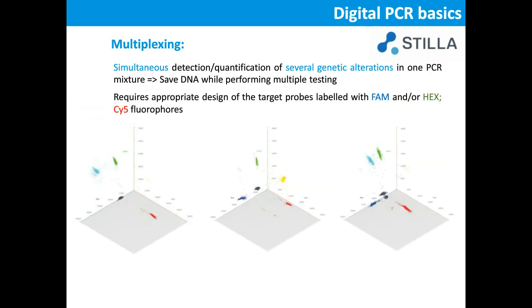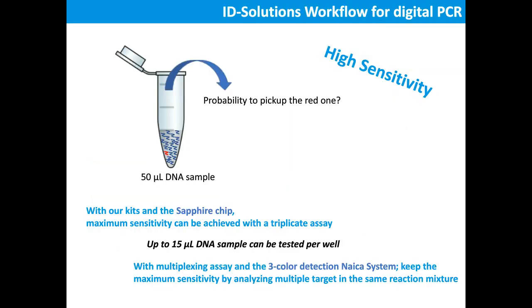The simultaneous detection and quantification of several genetic alterations in one PCR mixture will allow you to save your DNA while performing multiple testing. This requires appropriate design of the target probes labeled with different fluorophores.